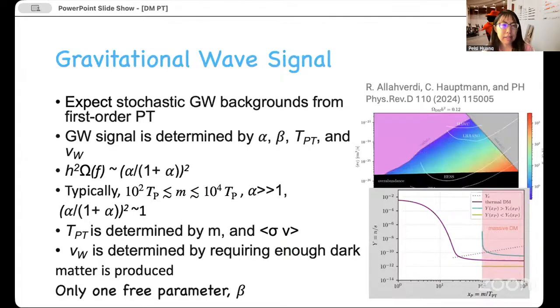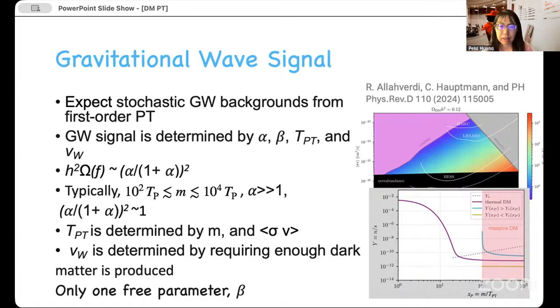So now we can discuss the signal. One good thing about this scenario is we can have signals from both the phase transition and dark matter. We have a strong first order phase transition, so we expect gravitational wave backgrounds. To calculate the gravitational wave signal, we need 4 parameters.